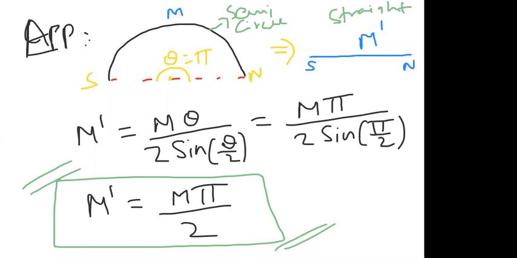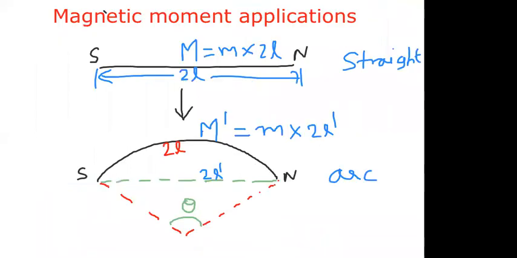Suppose the magnet is in the form of an arc; which arc will we take now? A quadrant. We already discussed applications for straight to arc forms, the straight magnet to quadrant.